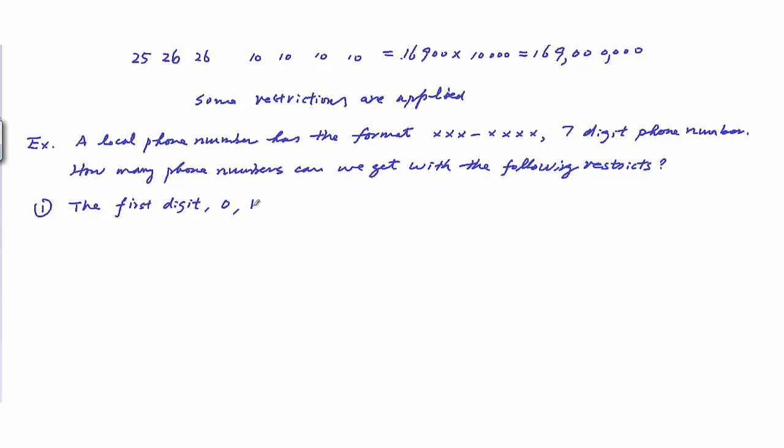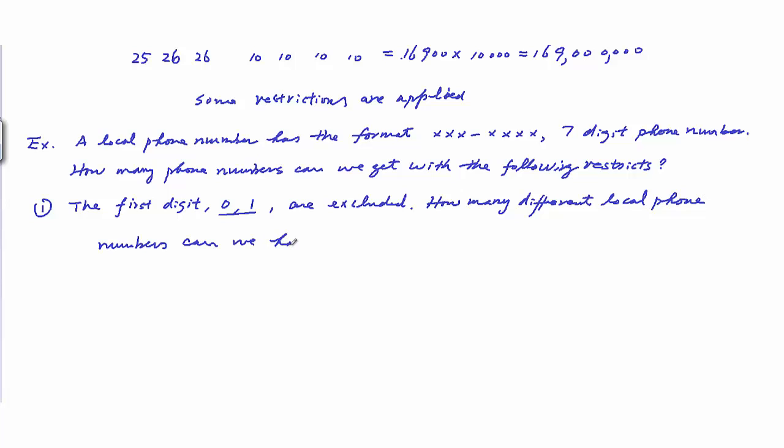So for the first digit, we need to exclude 0 and 1. In this case, how many different local phone numbers can we have?